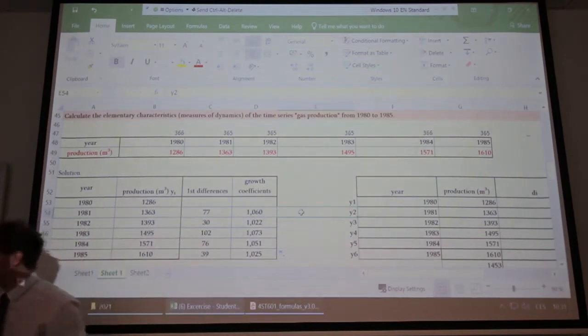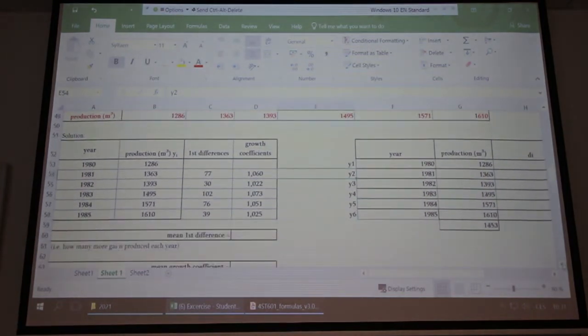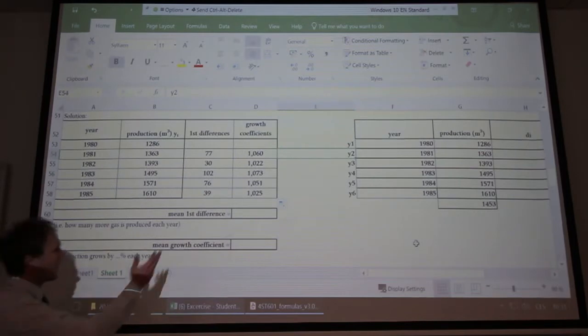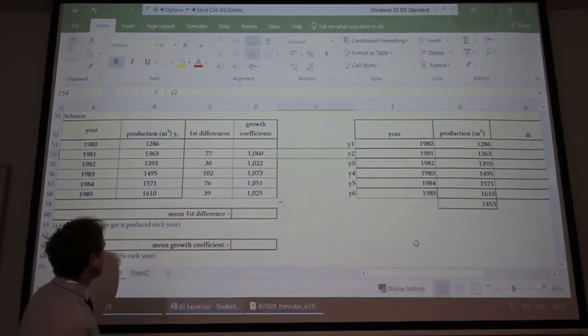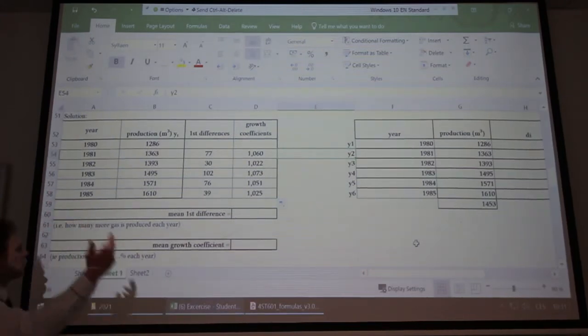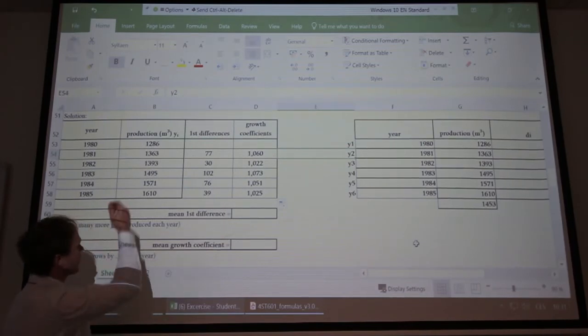We can move this table, and we are able to calculate the mean first difference, the mean of the first differences. It means how much more gas is produced each year. So the mean calculated from the time series.